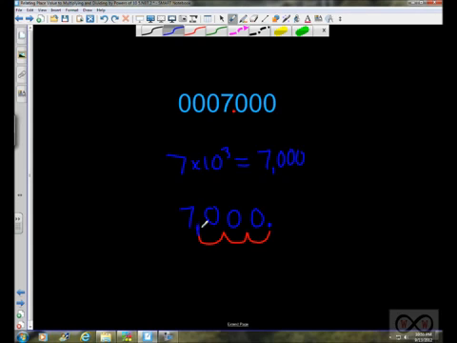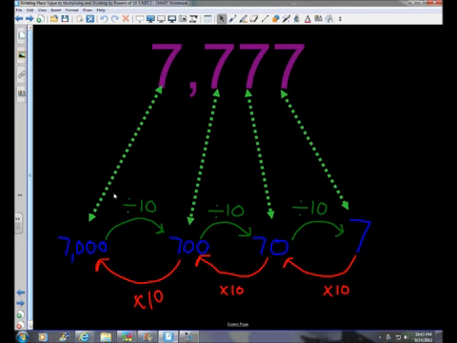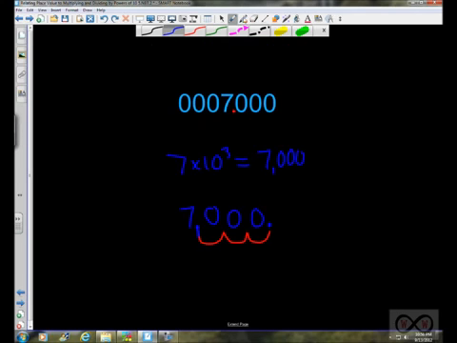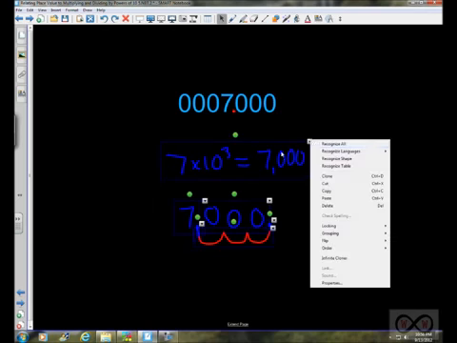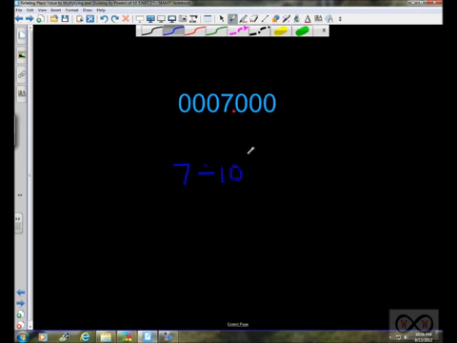We'll go over some examples in just a minute, but before we do that, I want to take a look at what happens when you move to the right on the place value chart. Say instead of 7 times 10 to a certain power, you had 7 divided by 10 to the third.